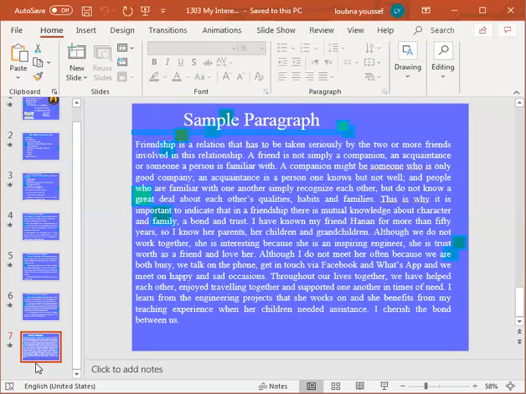Friendship is a relationship that has to be taken seriously by the two or more friends involved in this relationship.